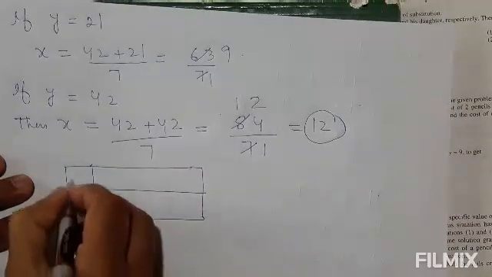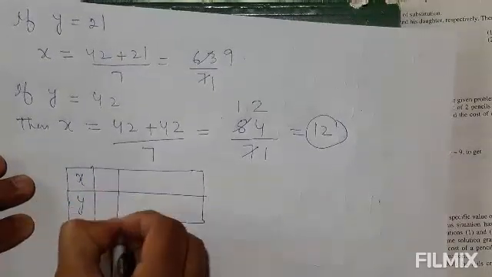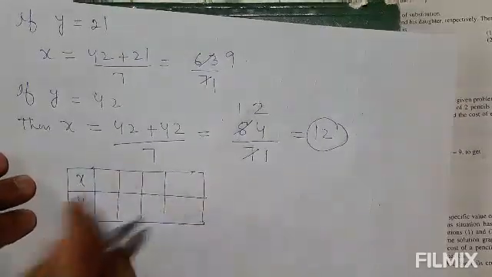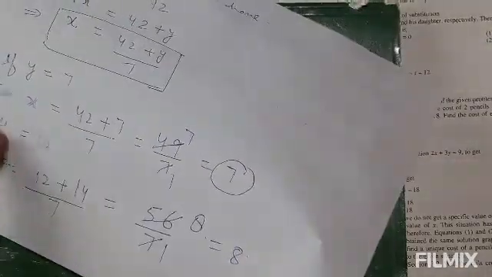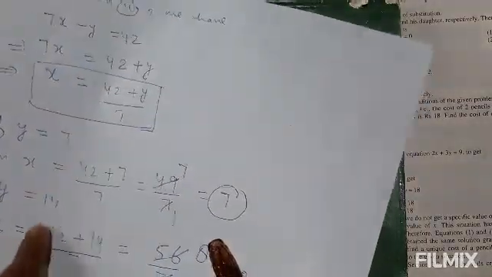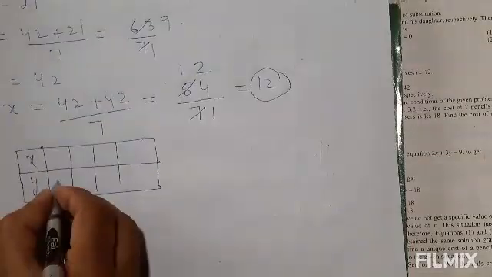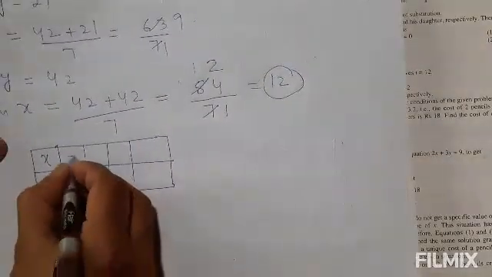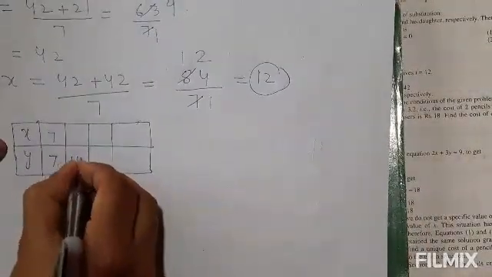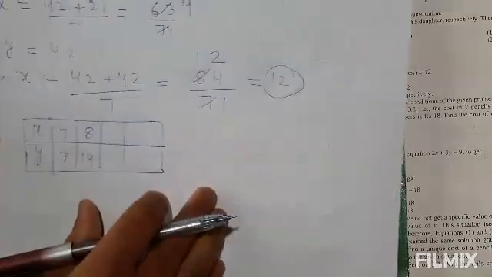If you see, it's x and y, 1, 2, 3, 4. We'll see later how many steps there are. When the value of y is 7, then x is 7. Later on, y is 14, x is 8.